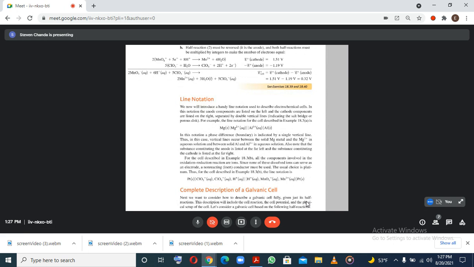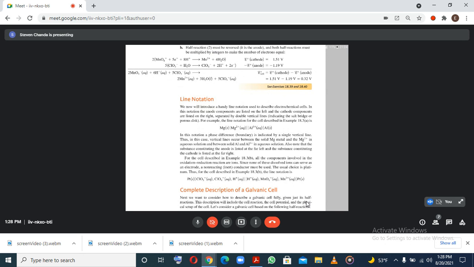So you see that for this particular reaction, the ions that you are having, let's first look at the cathode one. There is nothing that can serve as a metal there. Sorry, there is no metal that can serve as an electrode. There is nothing there that can serve as an electrode.